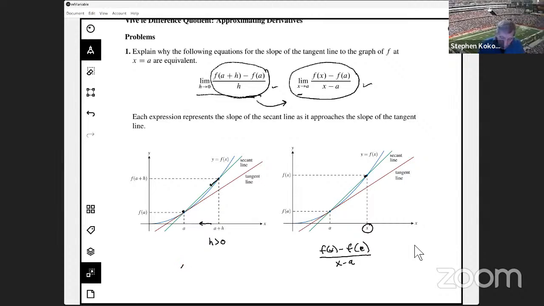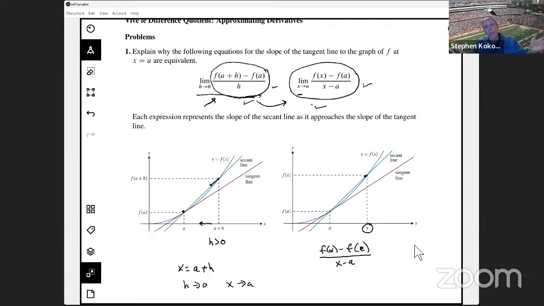We could do that just by saying, let's let x be equal to a plus h in this expression right here. What happens to this expression as h goes to 0? As h goes to 0, that's equivalent to saying x is going to a. And hence, if we make all the substitutions, these two limits right here are indeed equivalent.